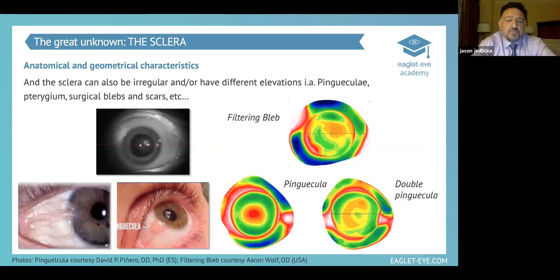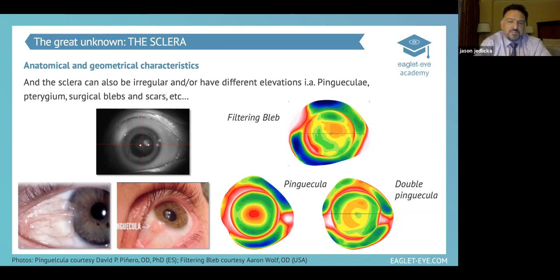We also know that our sclera is filled with these irregular focal elevations. Pinguecula are very common. Pterygium are not that common, but still are seen in patients who are going to potentially wear scleral lenses. Surgical blebs or scars from retinal surgery, for example, can also create focal areas of elevation.